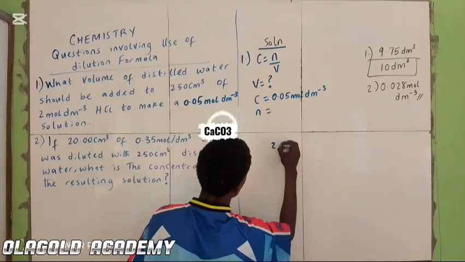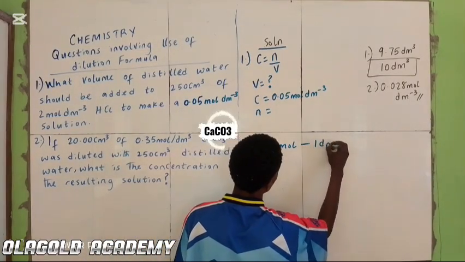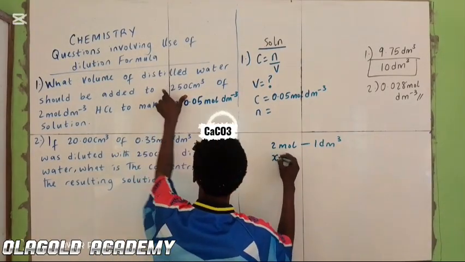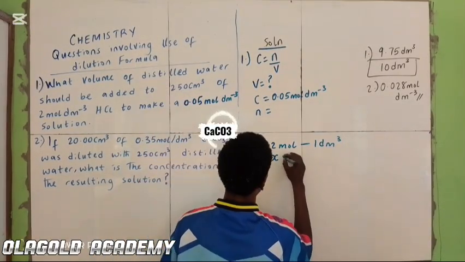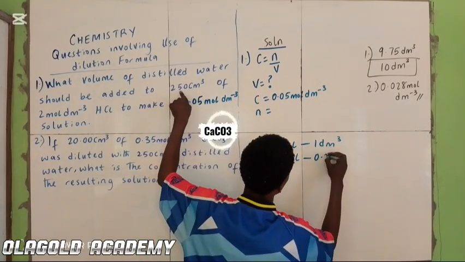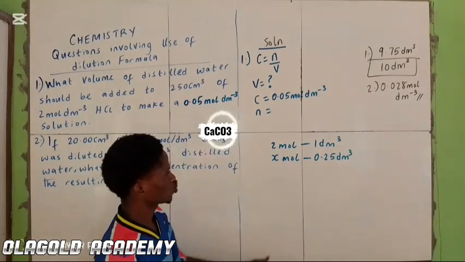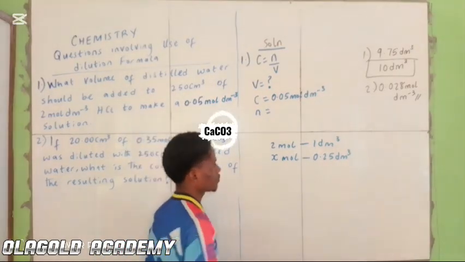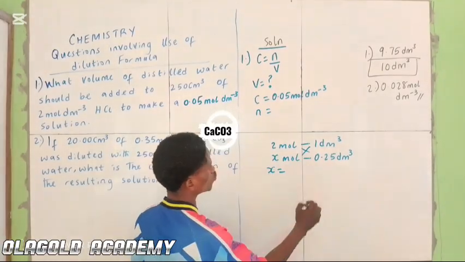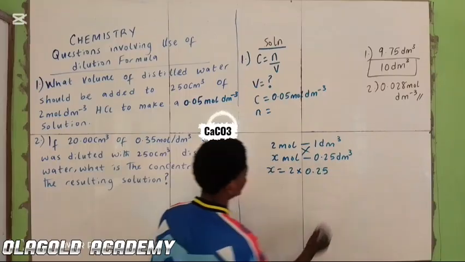We have 2 mole in 1 dm cube. Now, how many mole for this one now? For this one, how many mole are we going to have in 0.25 dm cube? So we have this. If you cross multiply, we're going to have x equal to 2 multiplied by 0.25.